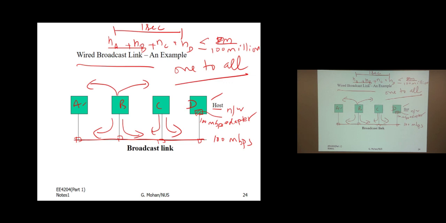So every host has transmitted some millions of bits during a second. If you add everything, it should be within 100 million, because the total capacity is 100 Mbps. At any time only one can use it, not more than one. That means this medium or bandwidth is shared by everybody. The total cannot exceed 100 million. It's not that when B is transmitting, C can also transmit simultaneously. No two simultaneous transmissions can take place.